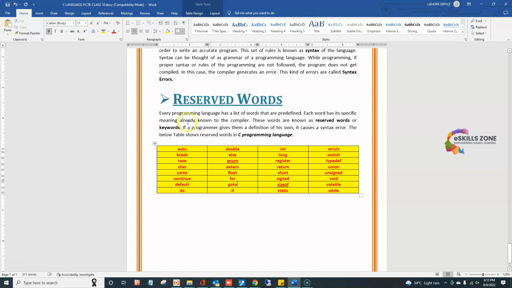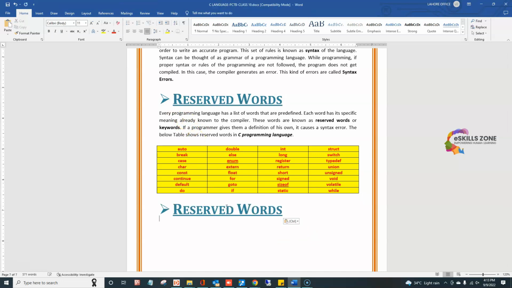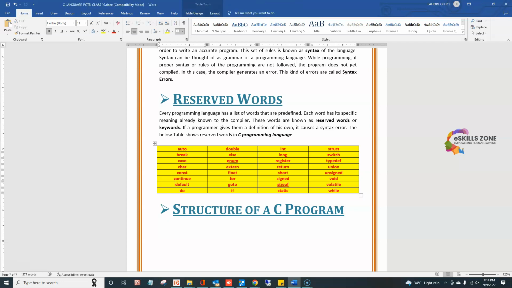Now we'll discuss the structure of a C program, after discussing the reserved words, which are the predefined words. This is very important. You should know the structure of the C program.